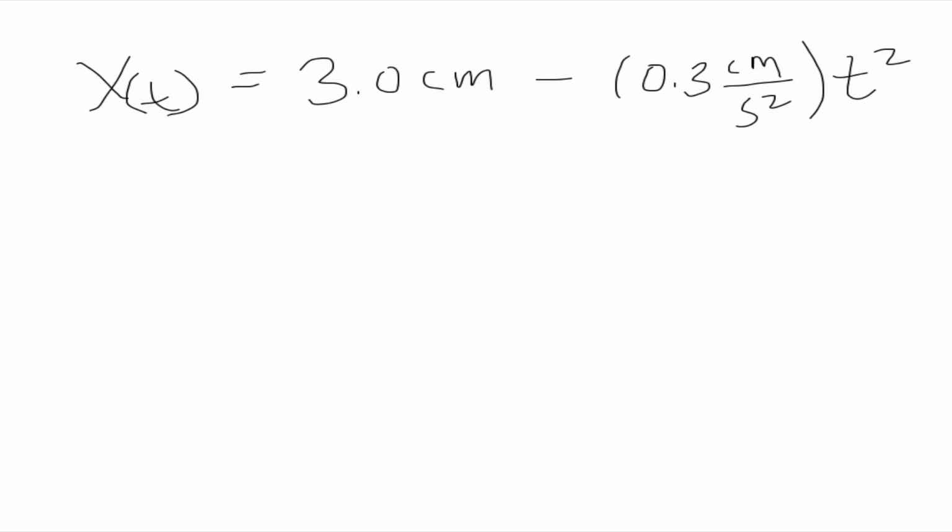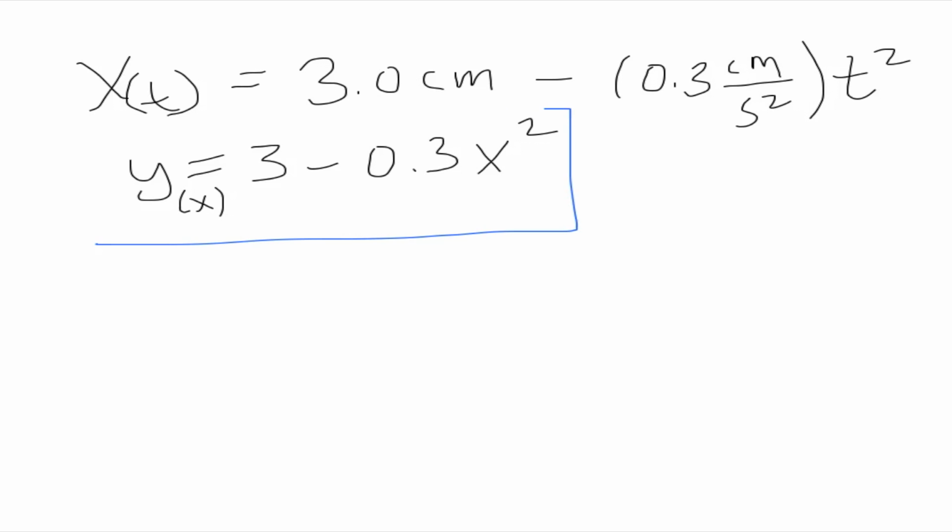If this seems weird, you can think of this as y is equal to 3 minus 0.3 x squared, which is y of x. And if you understand how to obtain a derivative, this may seem simpler. In this case, we're just using units.